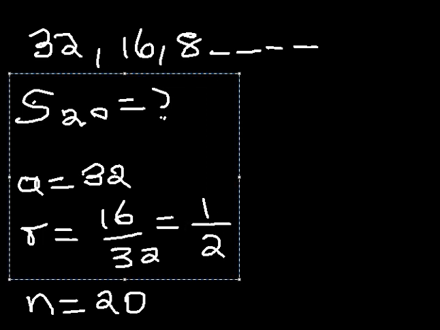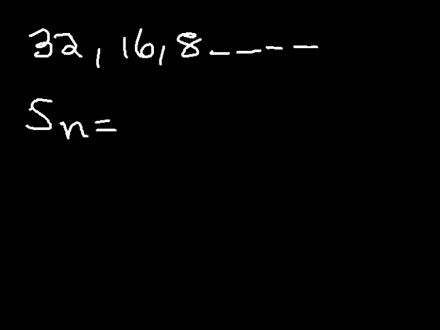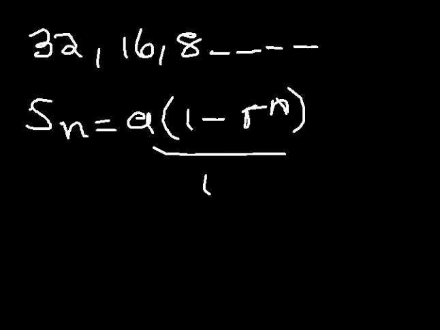Since the common ratio is less than 1, we are going to use this formula: sum of n terms is equal to the first term times 1 minus r to the power n, divided by 1 minus r. The thing is that we are trying to avoid the negatives.